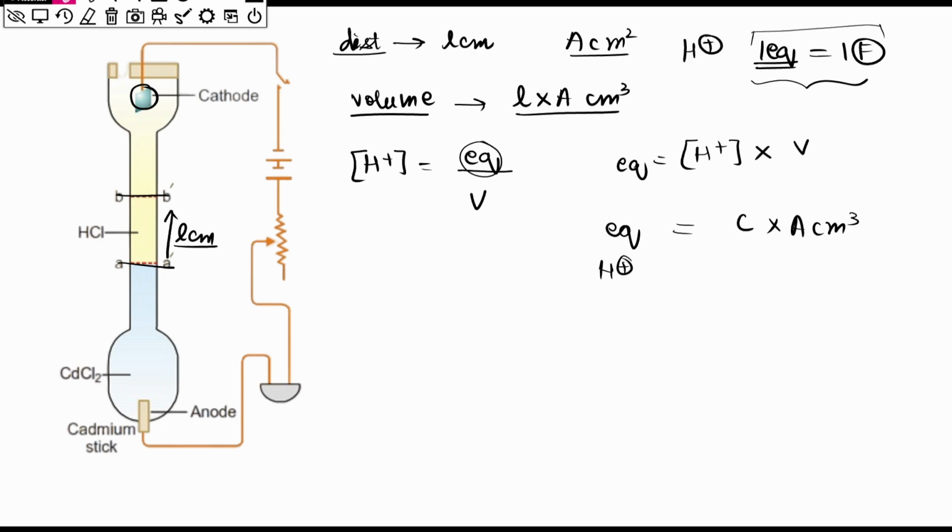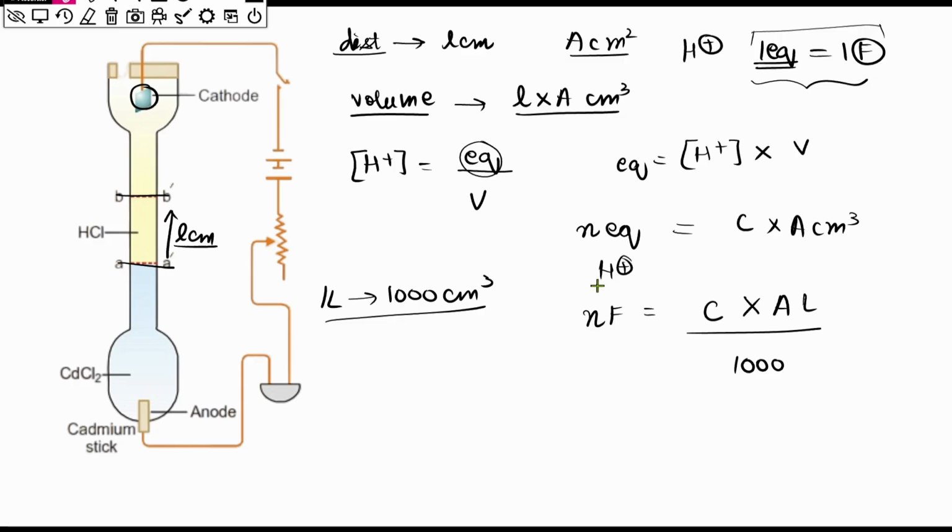Now suppose we had n equivalents, so it must have n Faraday of charge. So this n Faraday of charge will be equal to the concentration of the H plus ions multiplied by A, and the centimeter cube we can convert into liters by dividing by 1000, because 1 liter has 1000 centimeter cube.